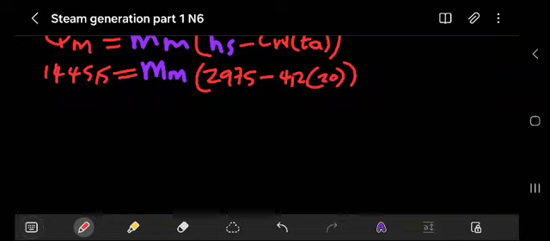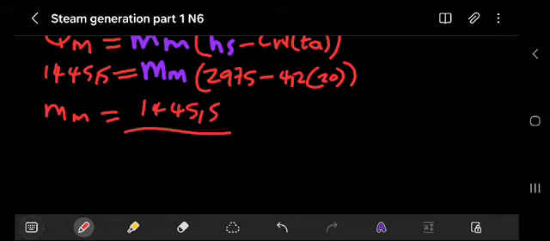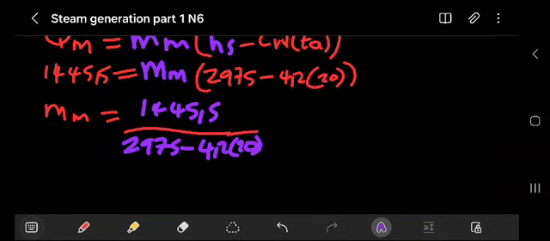Then the mass of the moisture will be 1444.5 divided by 2975 minus 4.2 multiplied by 20. All right, then we'll have the mass of the moisture.